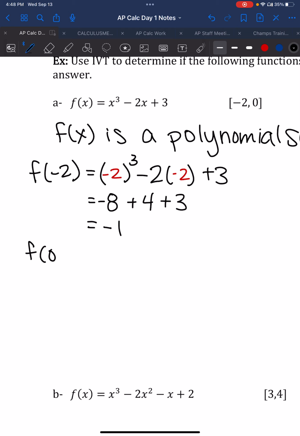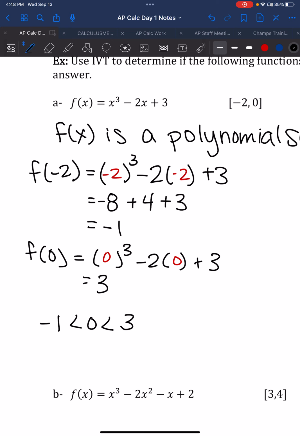Now if we look at 0, this one's nice. 0 cubed minus 2 times 0 plus 3, we get 3. So our interval is negative 1 to 3. This is good for us because 0 is in between that. So negative 1 is less than 0, which is less than 3.